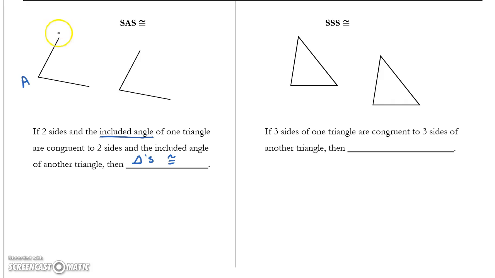Look at it this way. If I call that point A, that point B, that point C, and I call this point G, E, and O. If I know that segment AB is congruent to segment GE, I know that angle A is congruent to angle G. And I know that segment AC is congruent to segment GO.